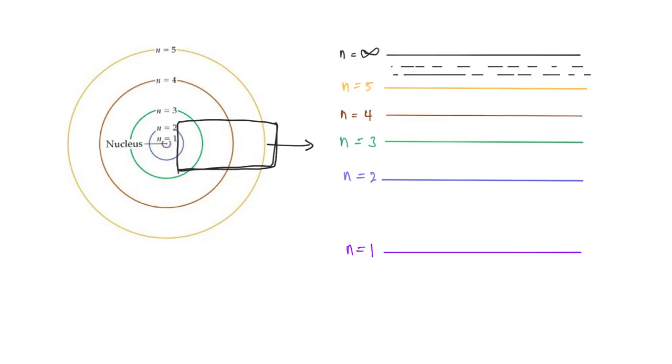So the first thing I've got here is that n is equal to 1. I've got my ground state. And up here at n is equal to infinity, I've got ionization. So that means if my electron ever reaches that point, it's going to leave the atom completely. So let's just look at this. It's just an example or an idea that we're going to work with.